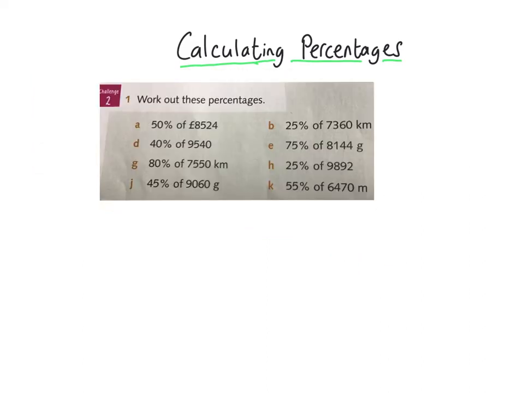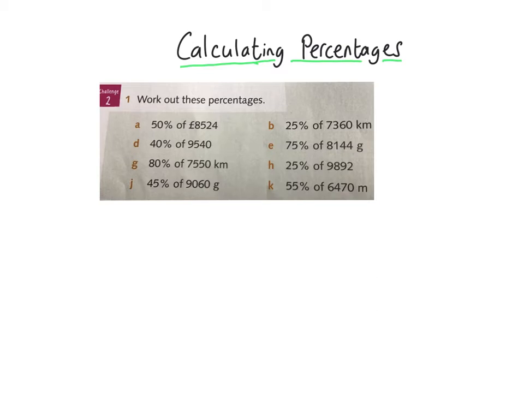As you can see, question 1 in challenge 2 is asking you again just to work out the percentages. So again, what you're going to have to do is change the percentage into a fraction and find the fraction of the whole amount. The important thing to remember for this one at the end of your sum is to record your answer in the same units of measurement that the question uses.